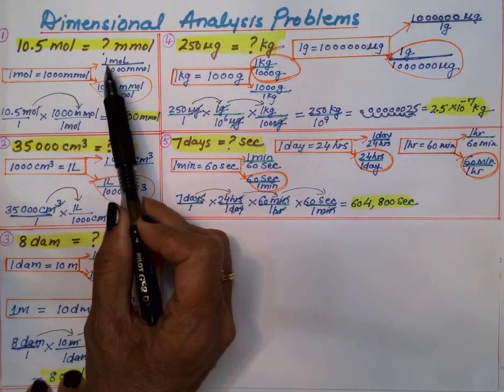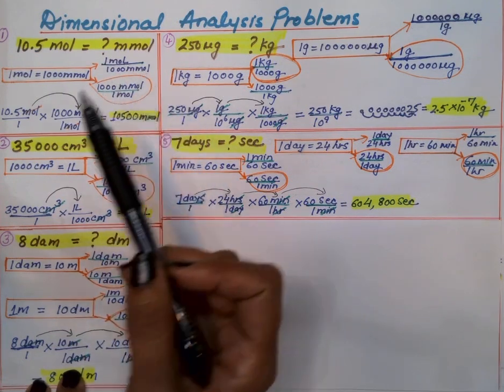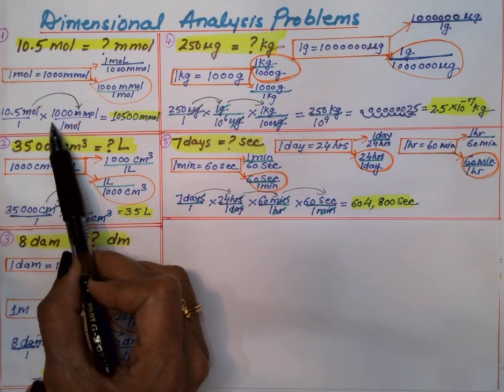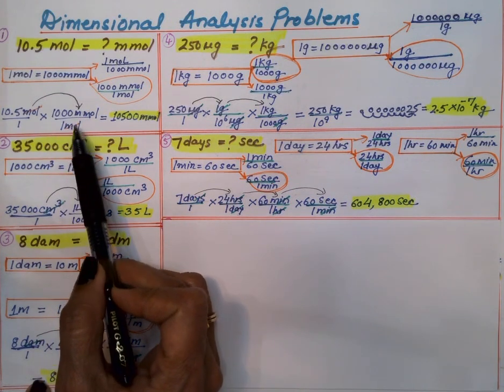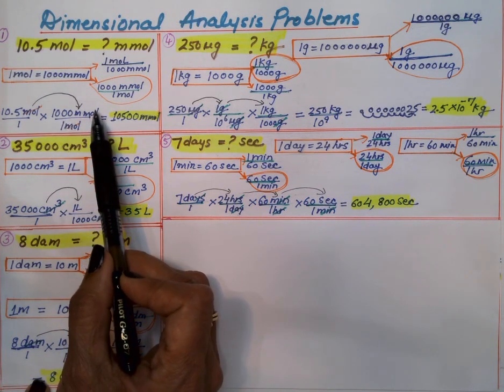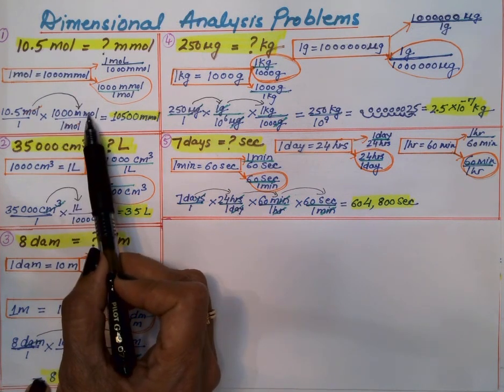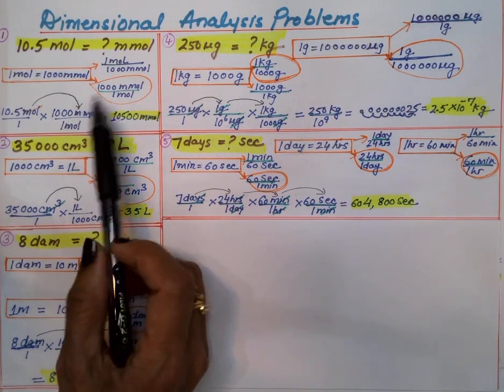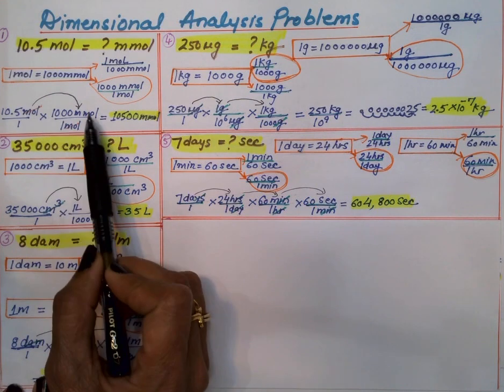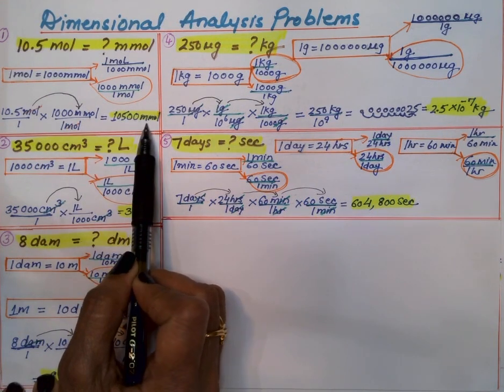From this equivalent, you make two conversion factors. You follow the same process. You start with the given over 1 times the appropriate fraction. The appropriate fraction is the one where you can cancel out the units which you don't need, and you are left with the desired unit at the top. So your desired unit is millimoles. You did the math, going from moles to millimoles, and you get this answer.